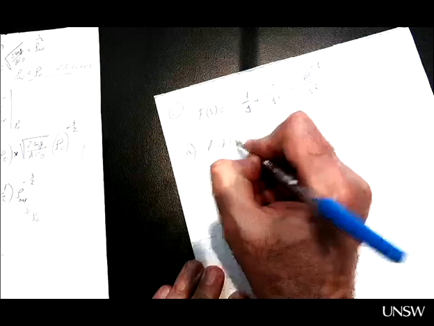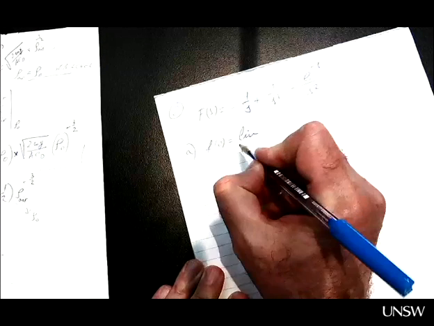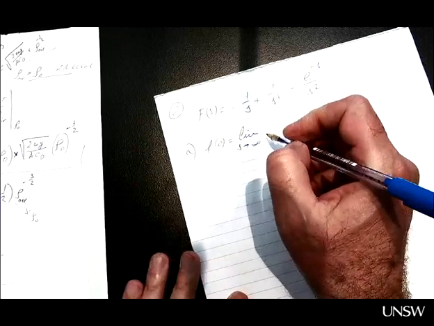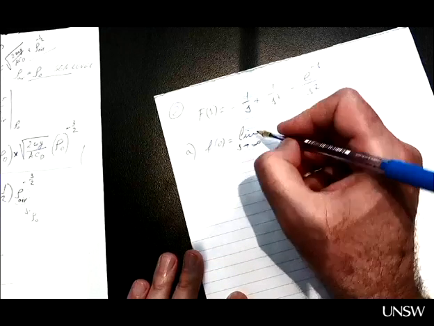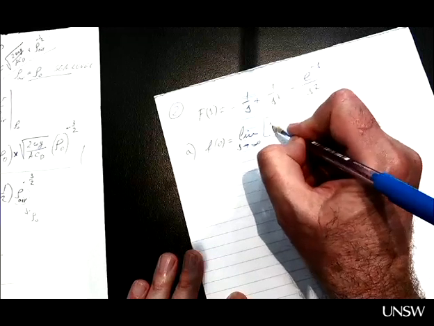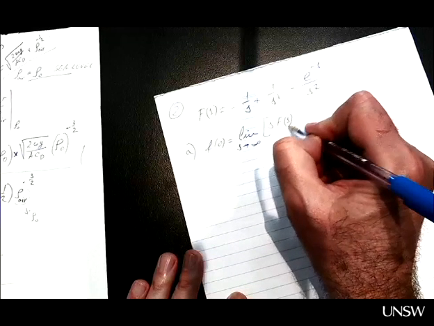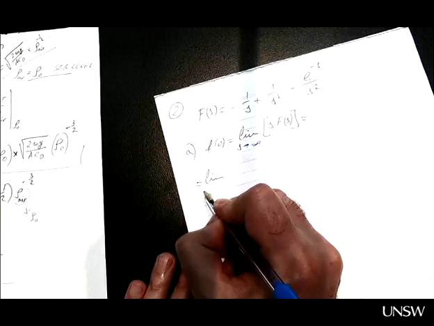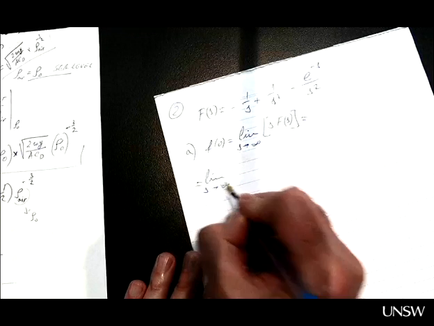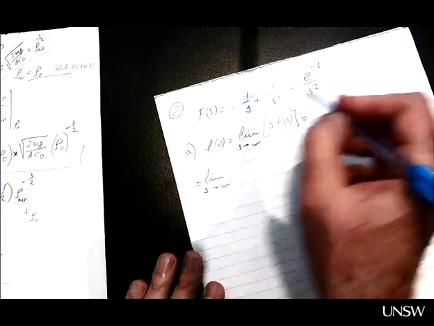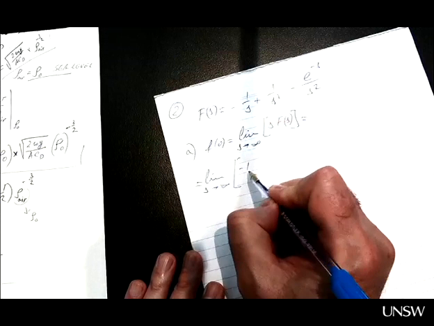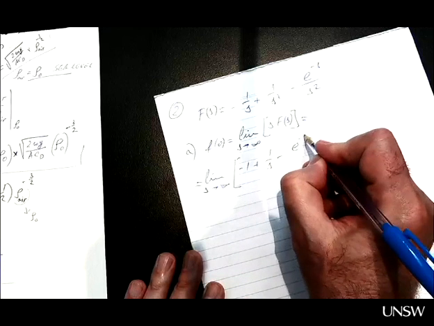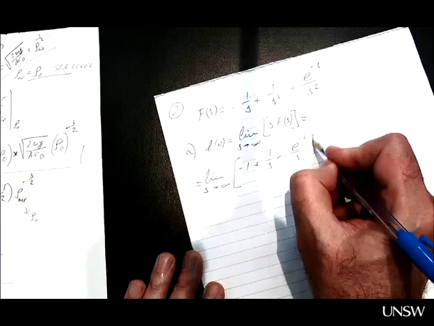f of 0 equals the limit when s approaches infinity of s f of s. S times this function will give me minus 1 plus 1 over s minus e to the minus s over s.